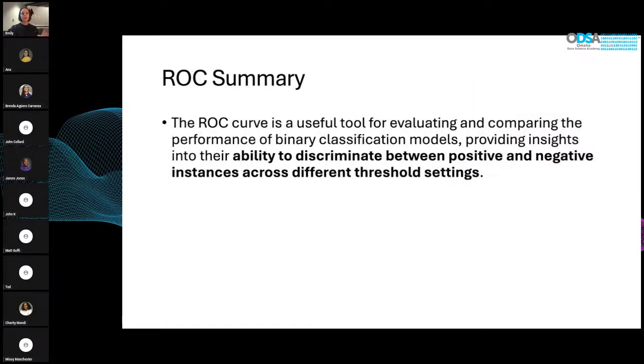So in summary, the ROC curve is a very useful tool for evaluating and comparing the performance of these binary classification models. It provides insight into their ability to discriminate between 1 and 0 predictions, between positive and negative instances across various threshold settings, not a specific threshold setting.